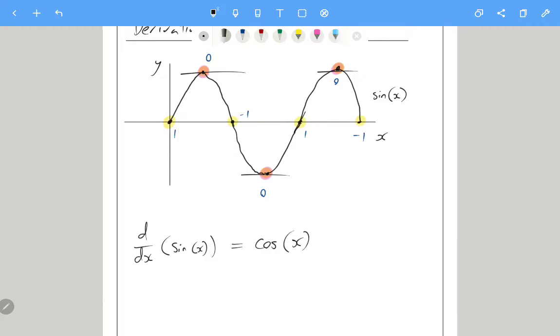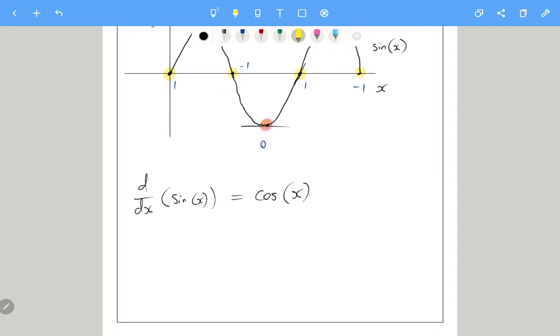Cos starts at 1, goes to 0, then goes to -1, then goes to 0, then goes to 1, then goes to 0, then goes to -1. It is the cos function. You might be hoping at this point that the derivative of cos must be sine. And we're going to get close to that.